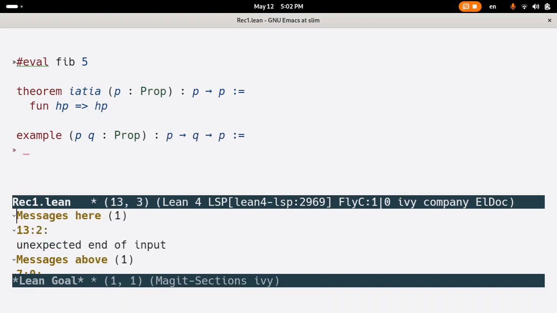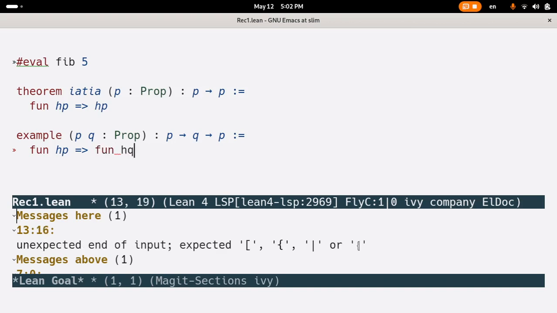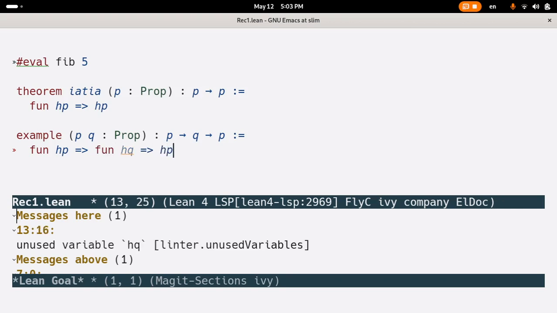So we know that to prove this, we have to take a proof of P and then produce a function that can take a proof of Q and produce a proof of P. But I already have a proof of P, so I can write HP and Lean will accept this with a warning. So notice that it tells me that the variable HQ, which is a proof of Q, is unused, which is natural because to prove this we actually don't need a proof of Q.